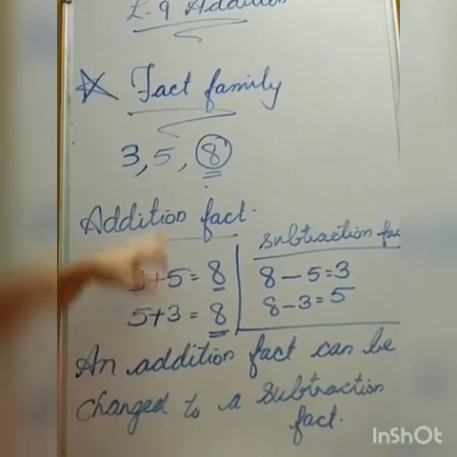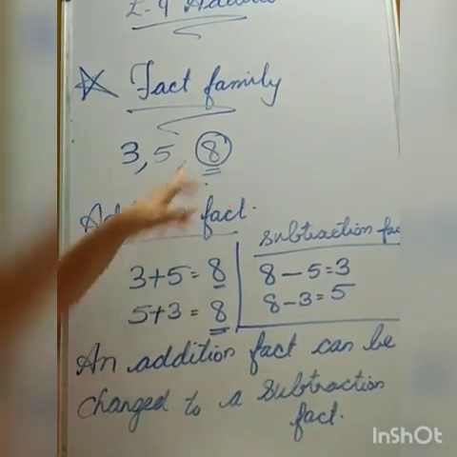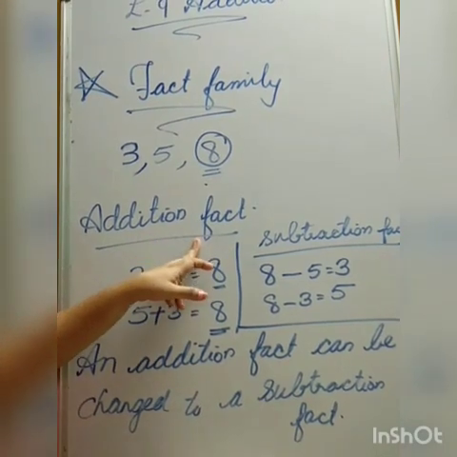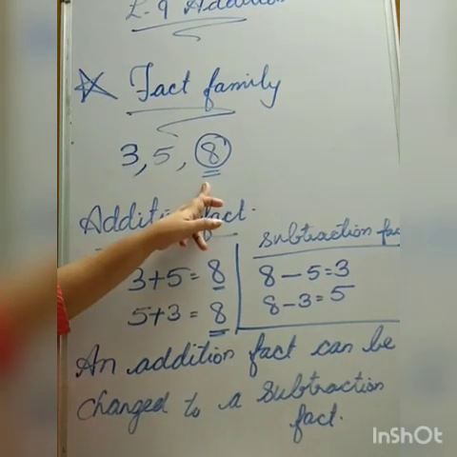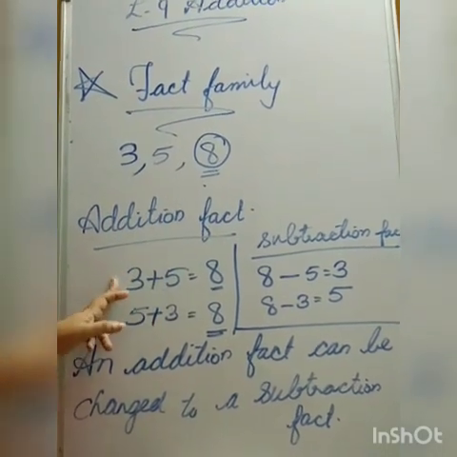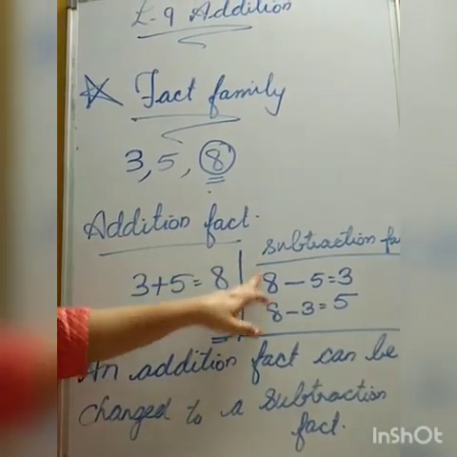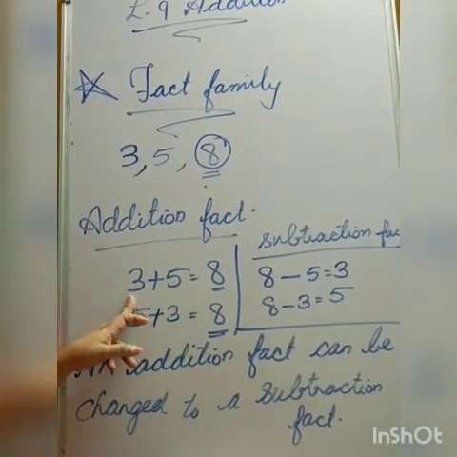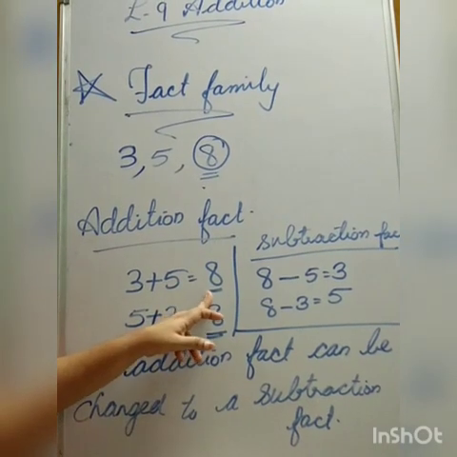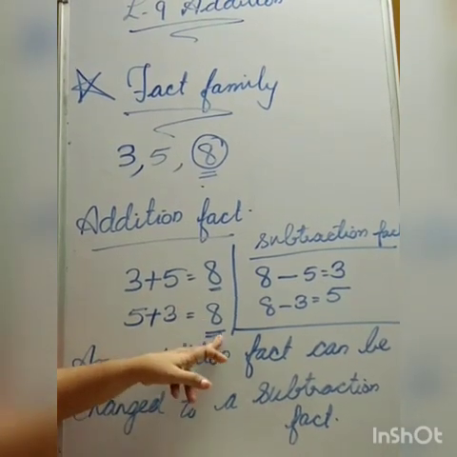See, listen. By using these numbers, I made your addition fact and subtraction fact. मैं ये नंबर्स यूज करके एडिशन फैक्ट, 2 एडिशन फैक्ट भी लिखा, 2 सब्ट्रैक्शन फैक्ट भी लिखा। देखो क्लियरली देखो, 3 plus 5 is equal to 8, 5 plus 3 is equal to 8.